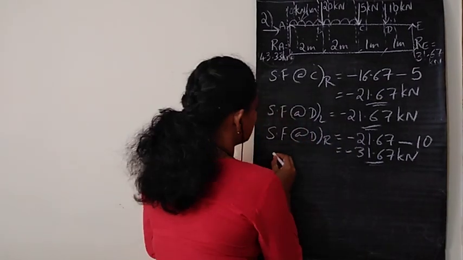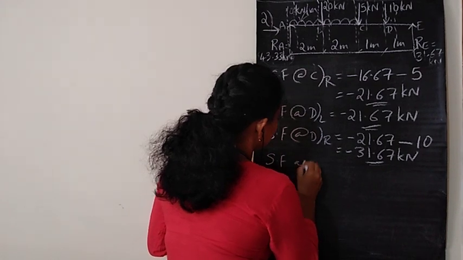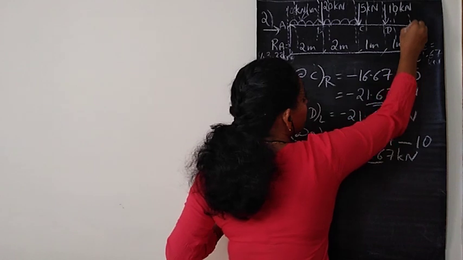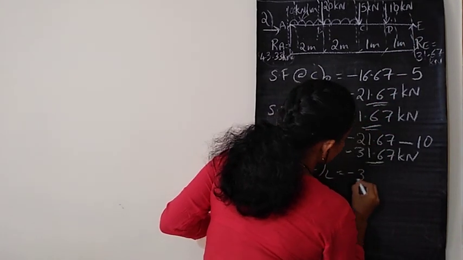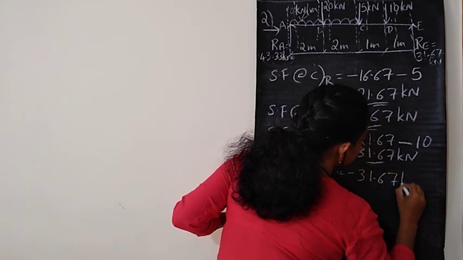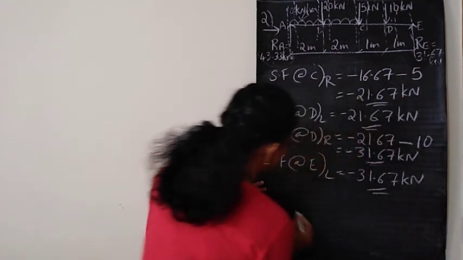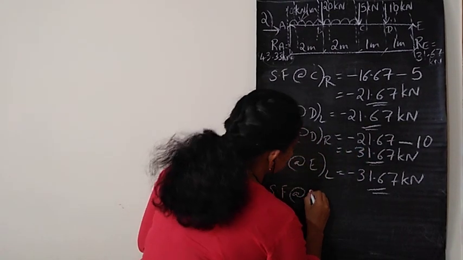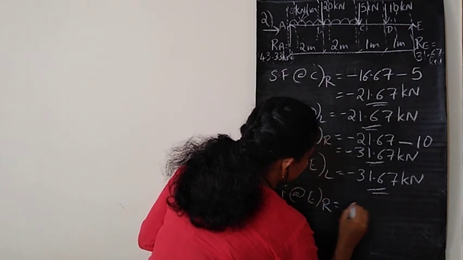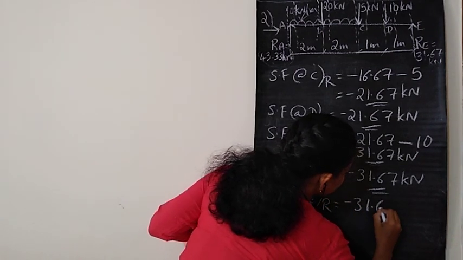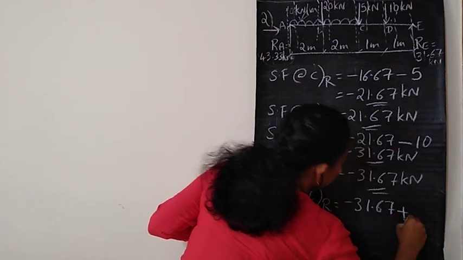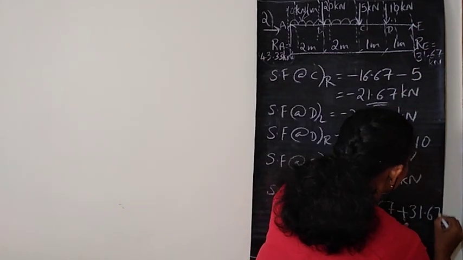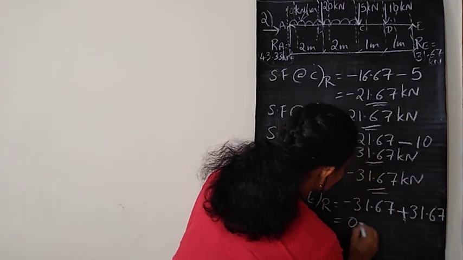Last point, shear force at left of E. Again no other forces, so it is the same, minus 31.67 kilonewton. Last, shear force at right of E: minus 31.67. Again this reaction will be upward, so plus 31.67, which is equal to 0.